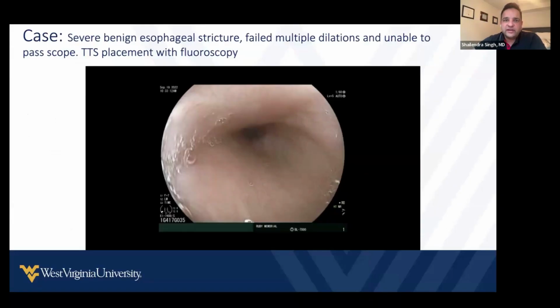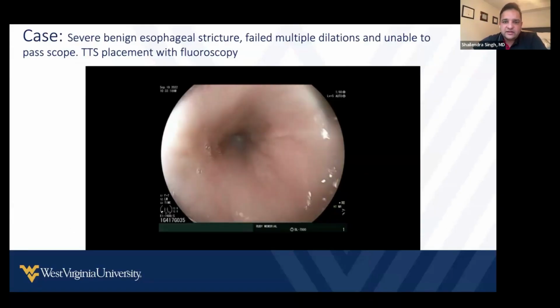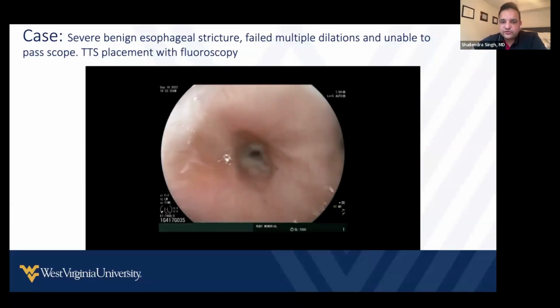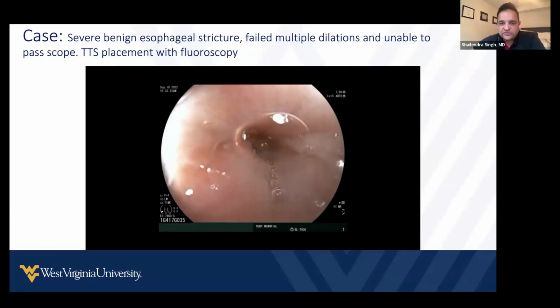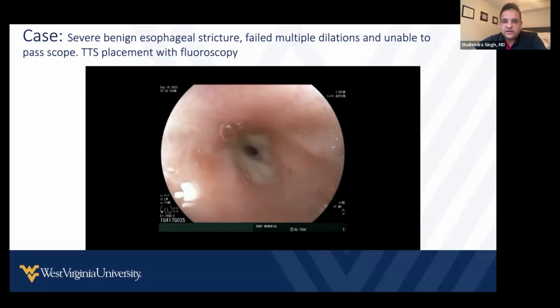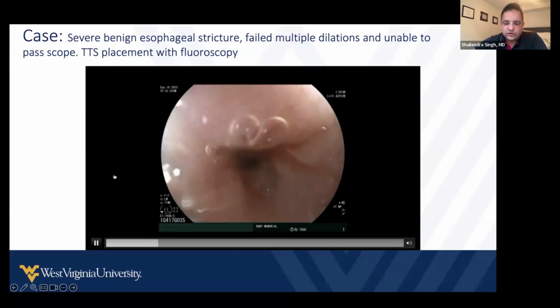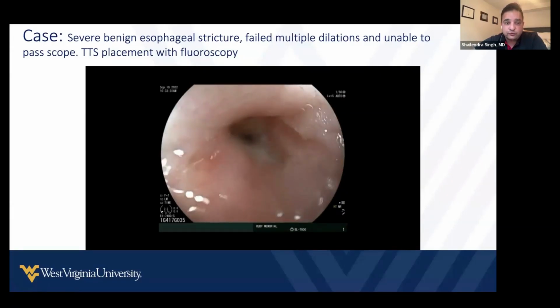So moving on to another case. This is a case where we saw that this patient had multiple failed dilations. Now, his next option would have been surgery. Before that, he was sent to us for placement of an esophageal stent. This is a patient who's already here and is on a fluoro table.